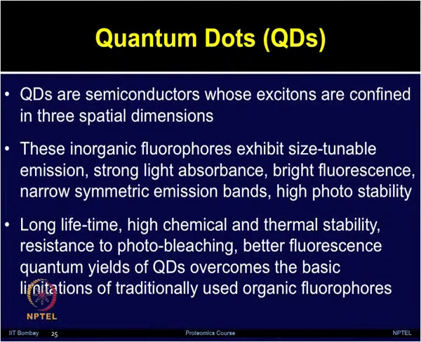These are semiconductors whose excitons are confined in 3 spatial dimensions. These are inorganic fluorophores that exhibit size tunable emission, strong light absorbance, bright fluorescence, narrow symmetric emission bands, as well as high photostability.